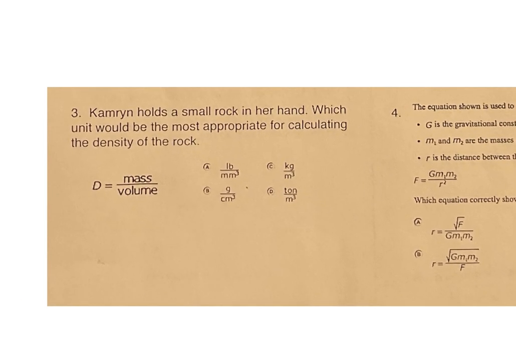Taking a look at question number 3, Cameron is holding a small rock. So we have to keep in mind, not quite a pebble, but not a boulder. So we're talking about a small dimension. When we're looking for density of the rock, when we are talking mass, what we need to figure out is what would we use to measure the mass of a small rock, which would be smaller units.